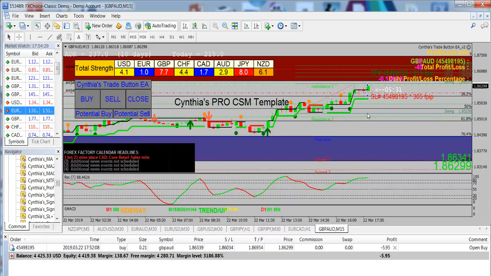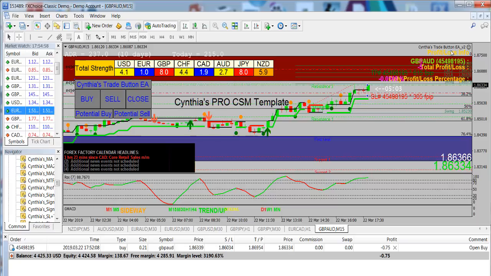However, another thing I failed to mention in my training video yesterday is now that we actually have a trade happening in place, and whether this would have been the pending order that got triggered and the trade was placed, it doesn't matter whether it's the pending order or the market order that you're using.